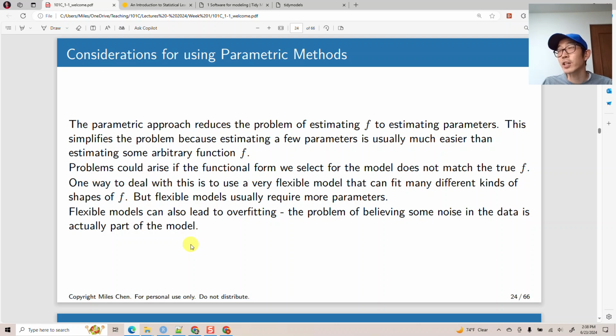You check whether the residuals after you fit the model meet those assumptions, because if they don't, then perhaps your model assumptions are wrong. So it's important to verify and double check that the form you are assuming is mostly correct.